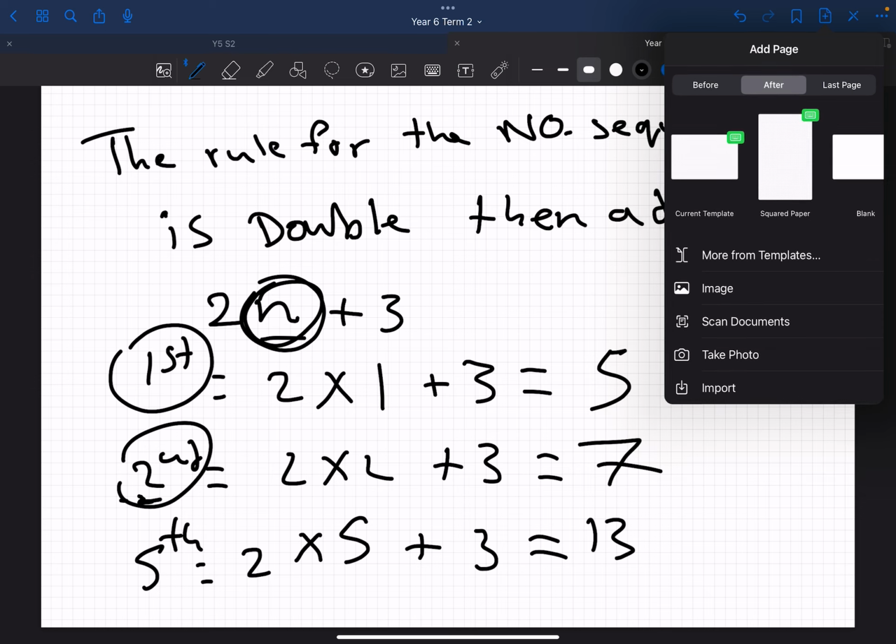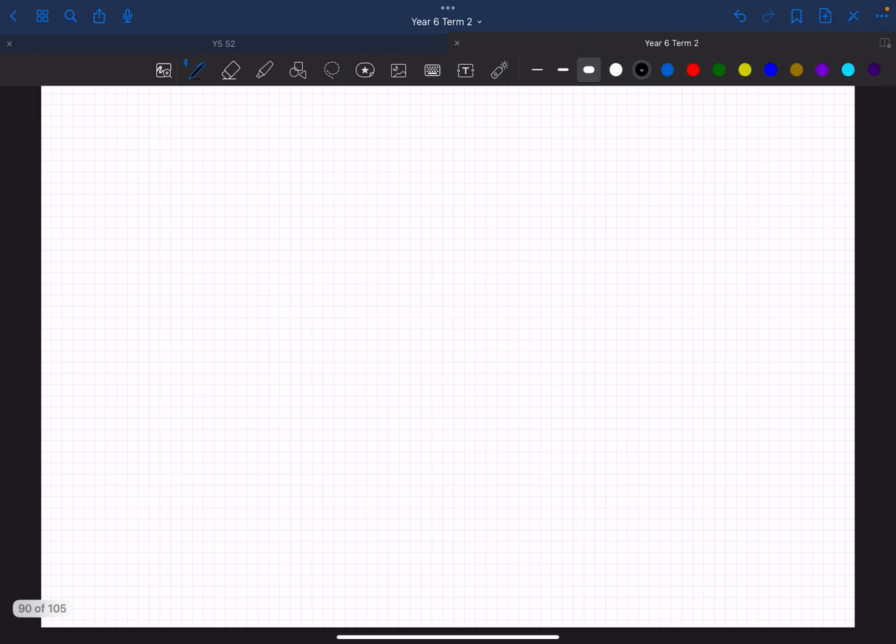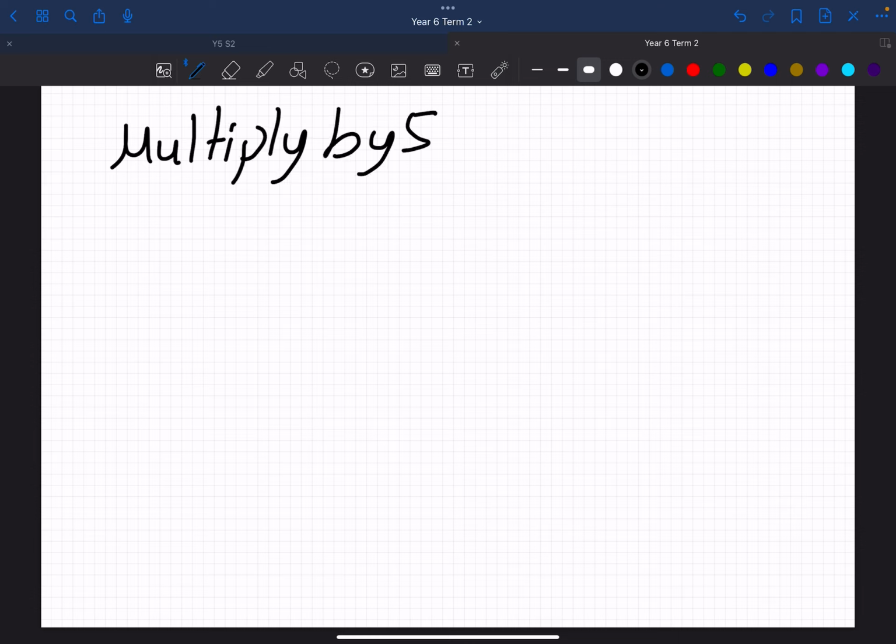What if the rule for the sequence was multiply by 5, then subtract 2?